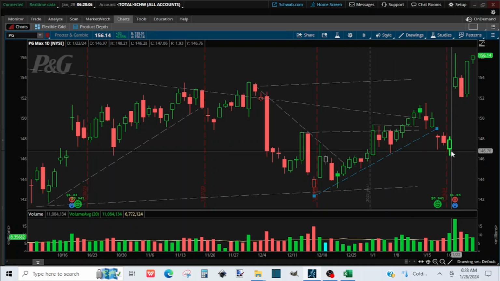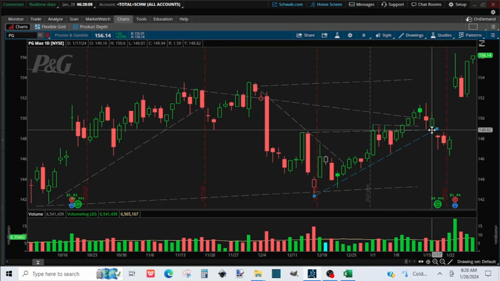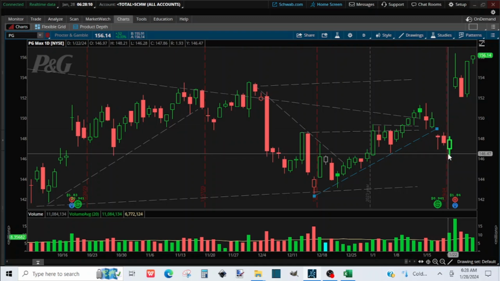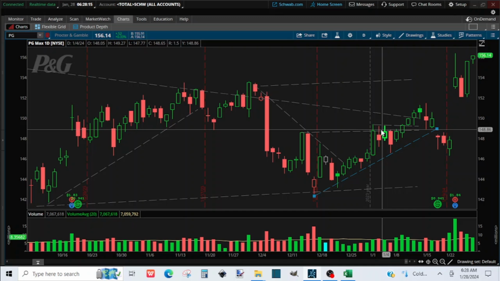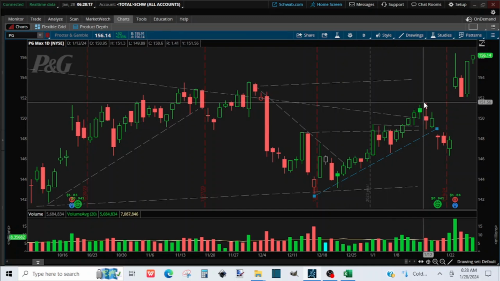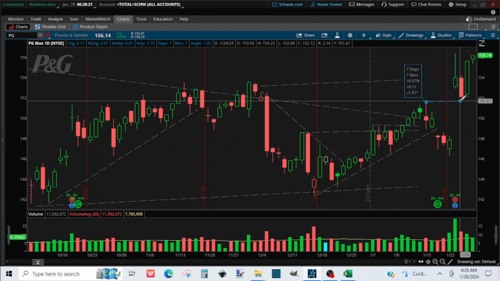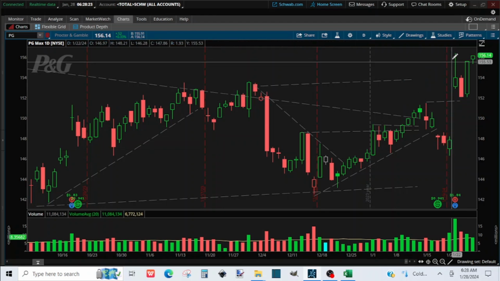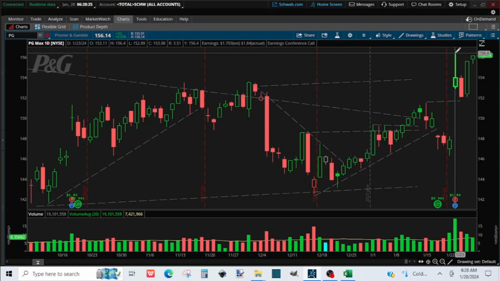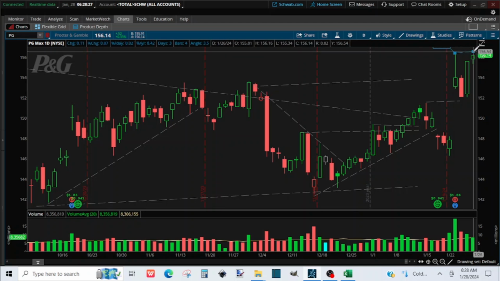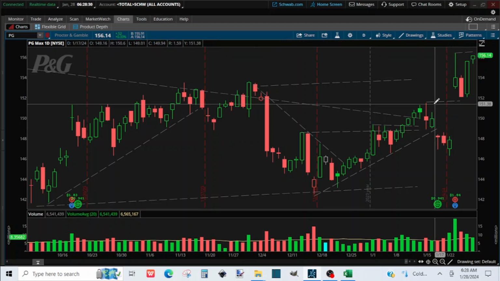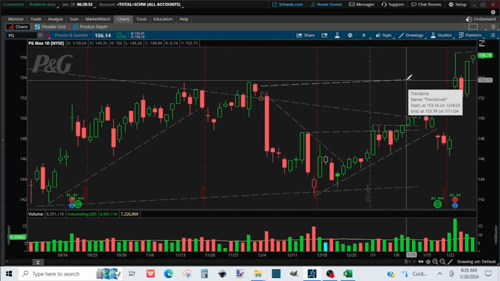So it went off the trend, but stayed on the same low, and then the previous high is this one. From there it went to a higher high and passed a resistance line here.